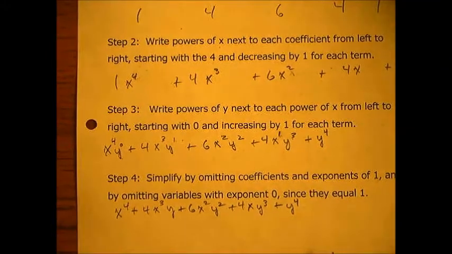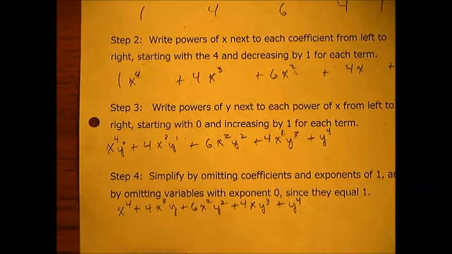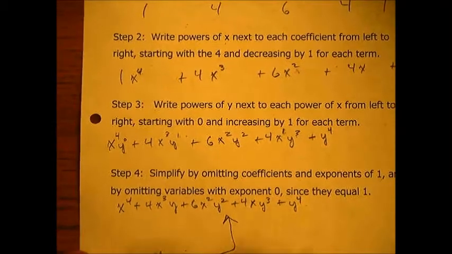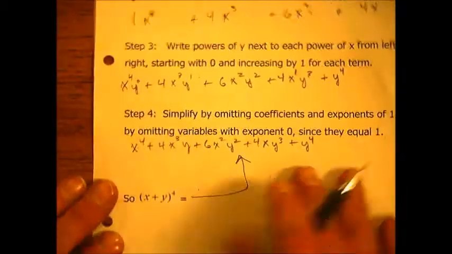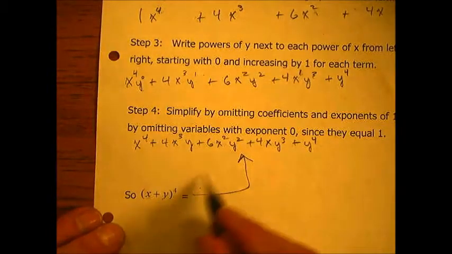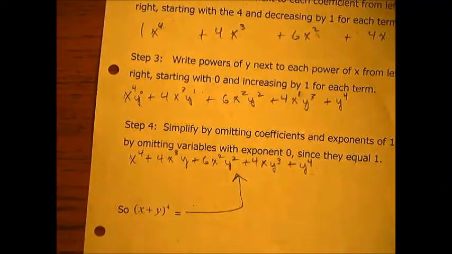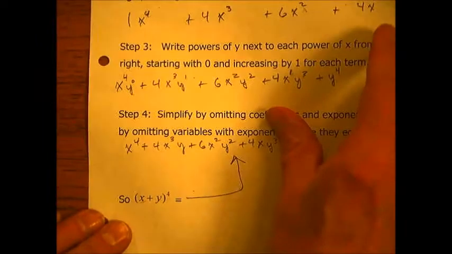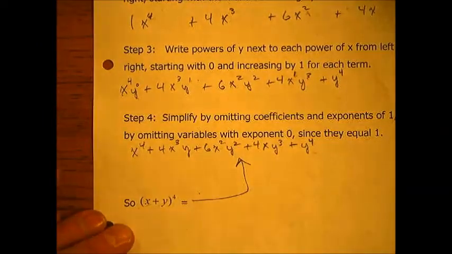And that's what we're looking for. So x plus y to the fourth is this thing right here. Okay, and then we're going to go to the fourth page and see if we can work some problems.